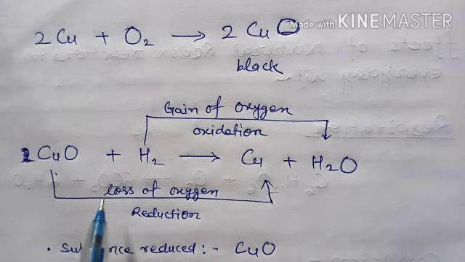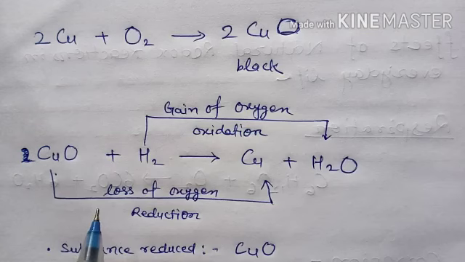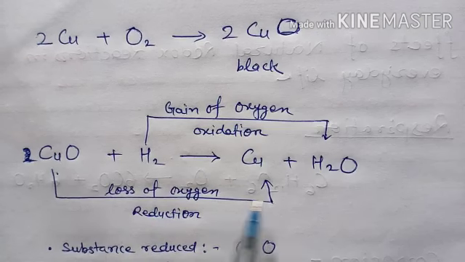Now let us pass hydrogen instead of air through the glass tube, which is still being heated. The black coating will slowly disappear, and the surface of copper will acquire a pinkish or reddish look. In fact, on passing hydrogen, cupric oxide has been reduced to copper, or we can say that hydrogen has removed oxygen from cupric oxide to form copper and water.